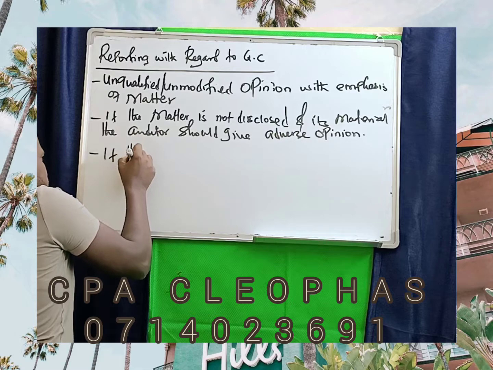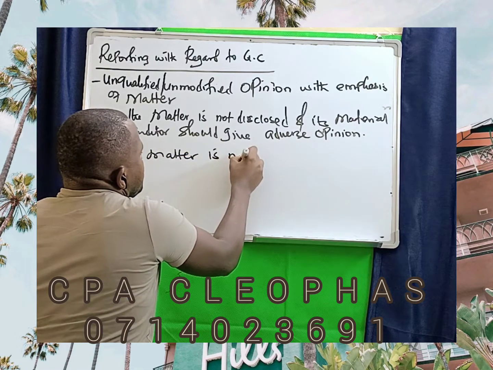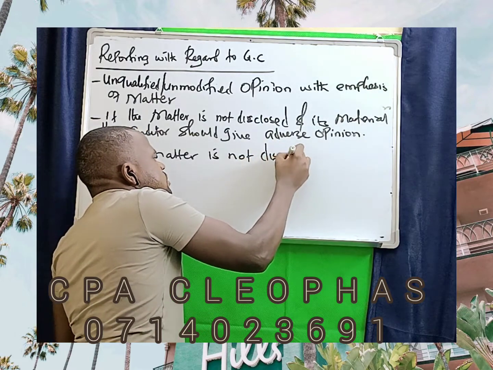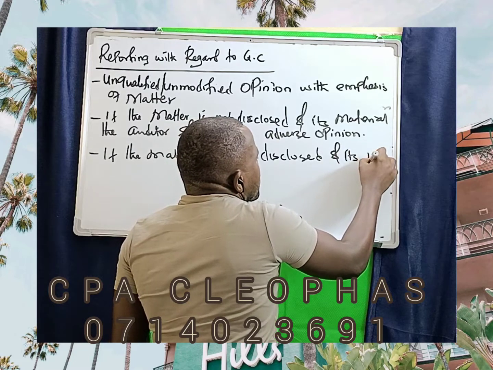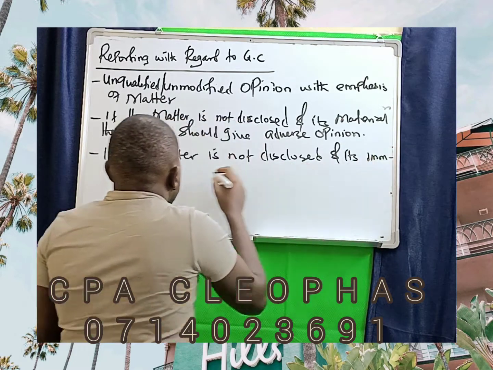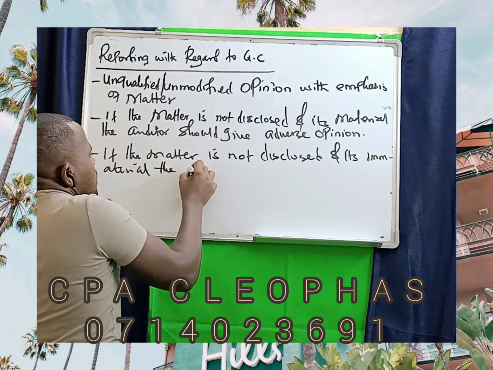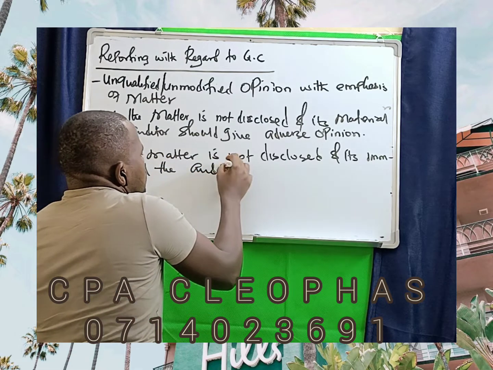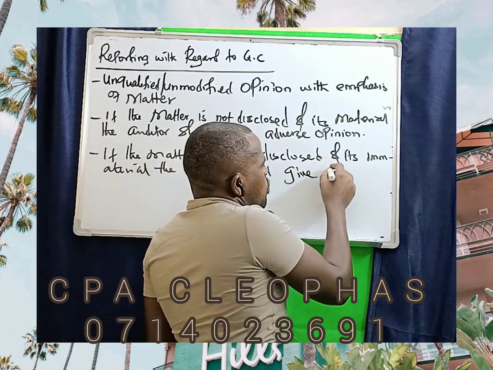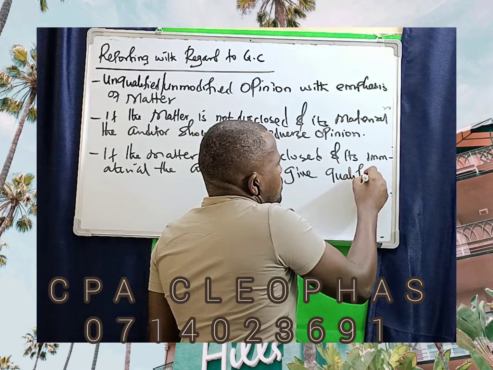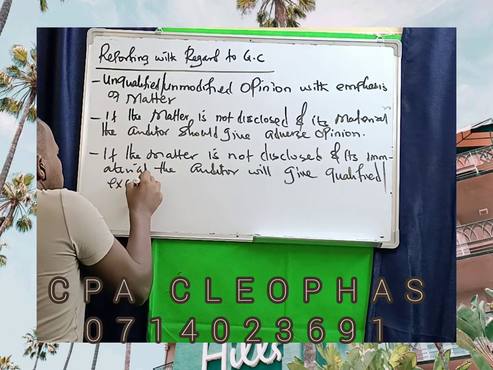If the matter is not disclosed and it is immaterial, meaning it is not material, then the auditor will give a qualified opinion, which is also called an except for opinion.